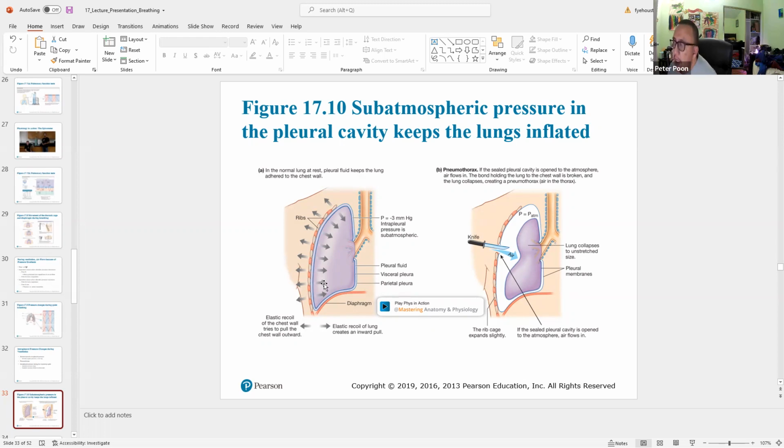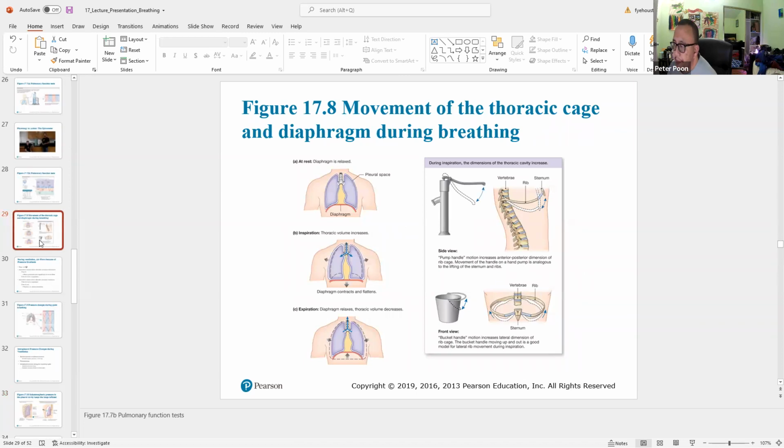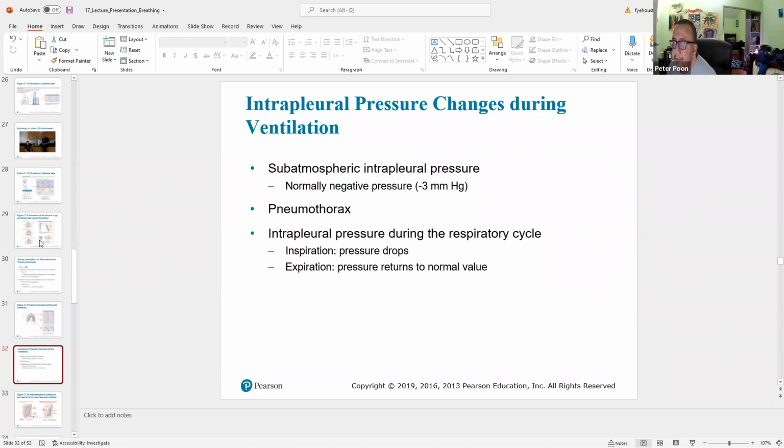The negative pressure in there always forces the lungs to expand. The sub-atmospheric interpleural pressure is always going to be negative. That means your lungs are always going to be expanded against the wall of your thoracic cage.